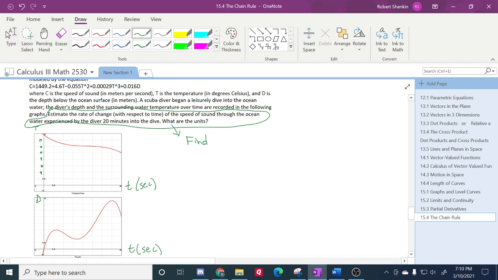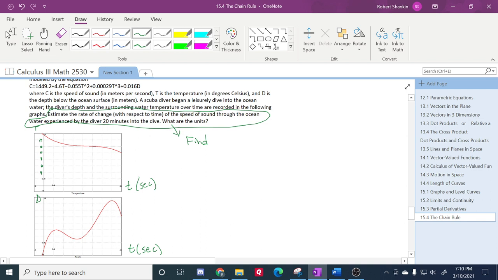Okay, group one, what's it asking us to find? It's asking us to find the change of the speed of sound with respect to the depth and the temperature.